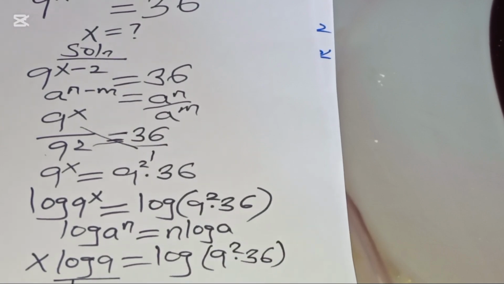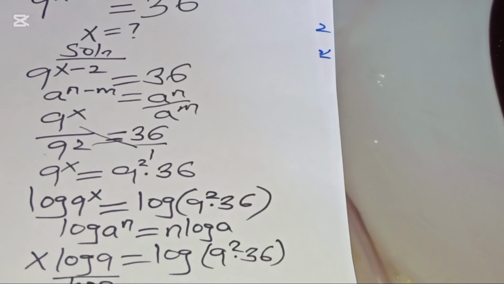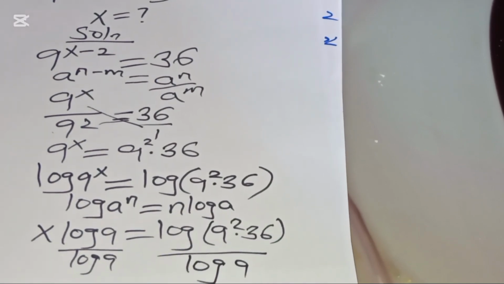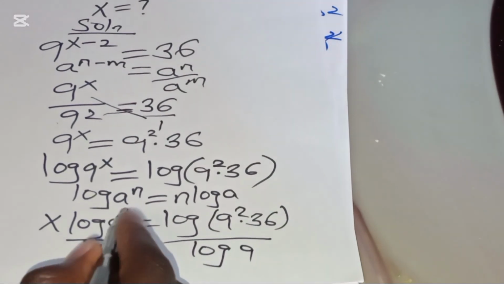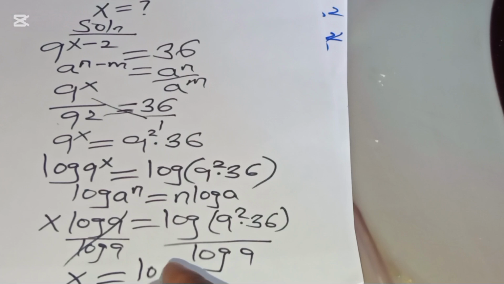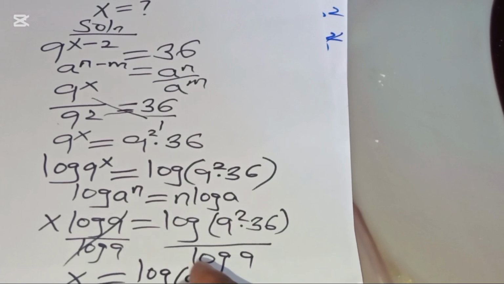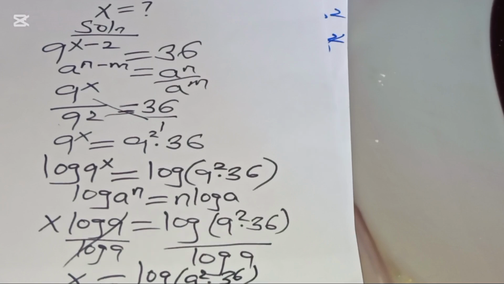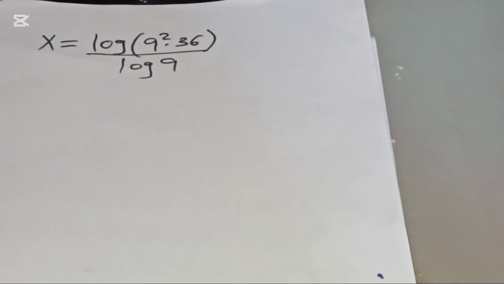So you divide both sides by log 9. Okay, so that we simplify here, so that x is equal to log 9 to power 2 multiplied by 36 divided by log 9.